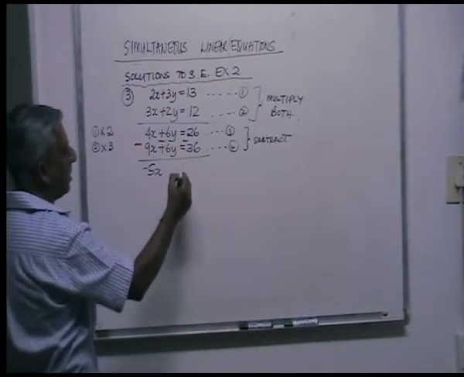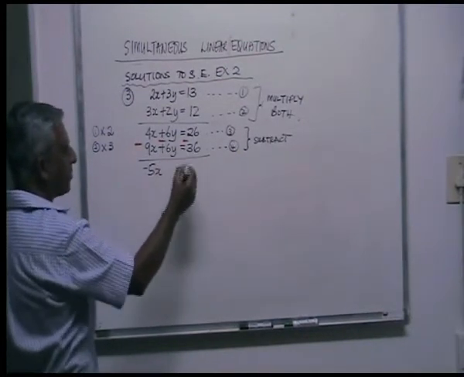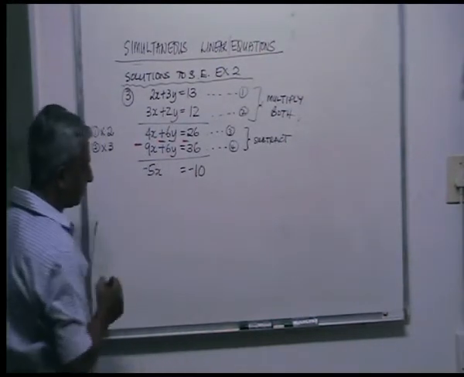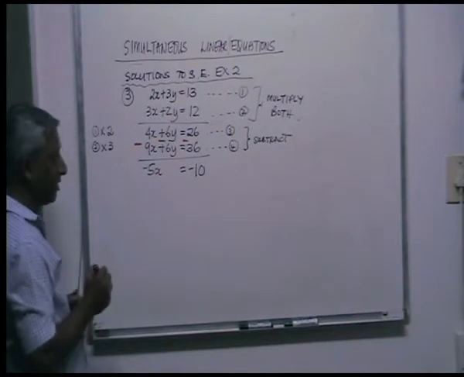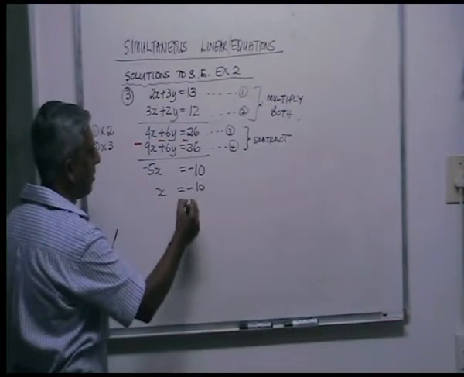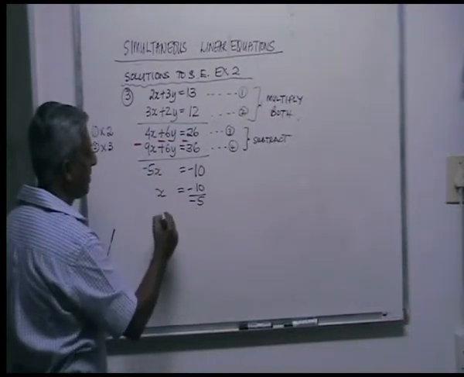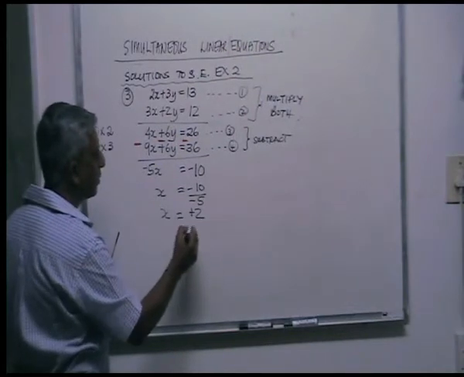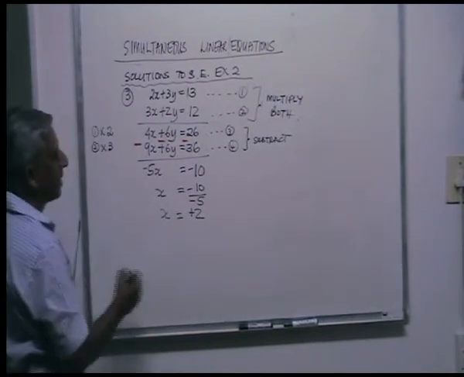That will give me 0. And this will give me minus 10. So x is equal to minus 10 over minus 5. X is equal to plus 2. So I have solved for x.